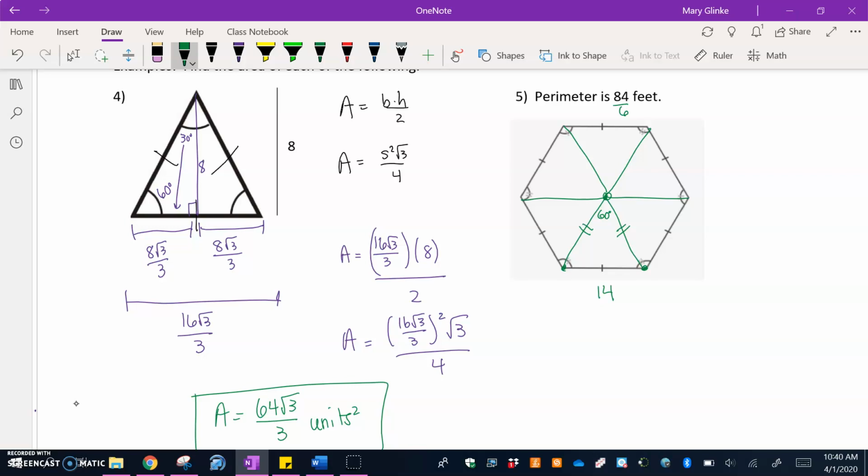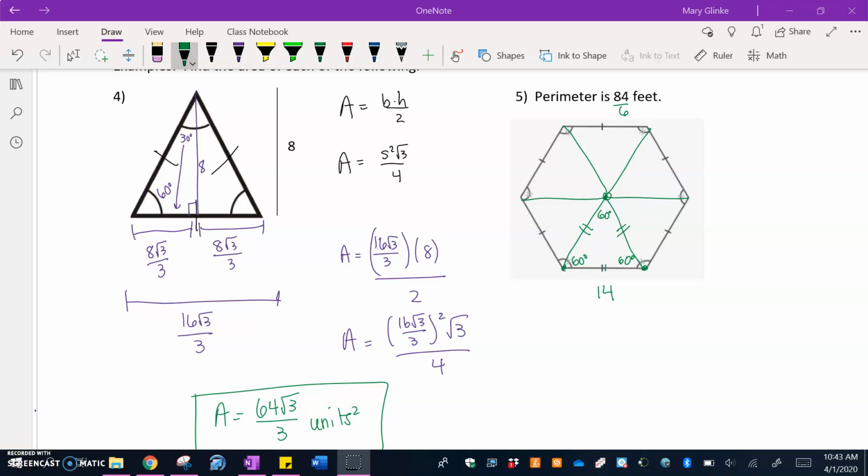And with the 120 remaining degrees, if we divide that by 2, each of these angles down here would be 60 degrees as well. For this hexagon, we happen to have 6 congruent equilateral triangles. So we can find the area of one of those triangles and then multiply it by 6 to get the total area of the figure.